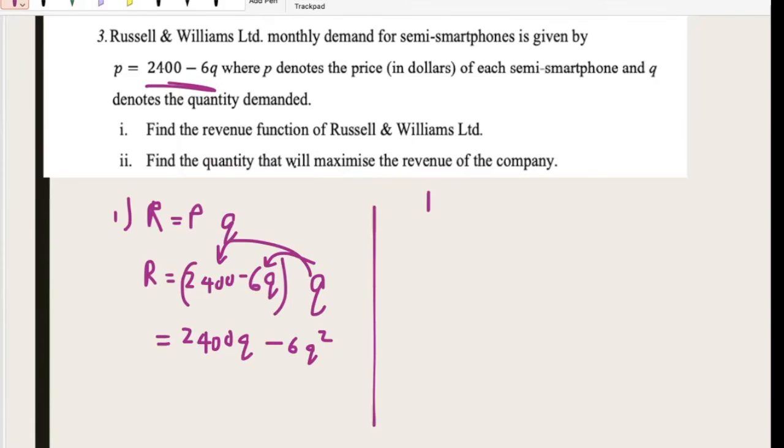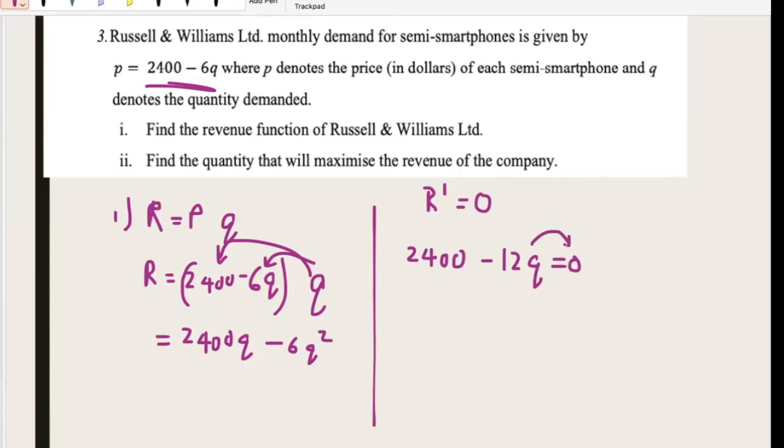We'll find the quantity that will maximize the revenue. That's when we differentiate and find marginal revenue and set it equal to 0. So differentiating this, we get 2,400 minus 12Q, and we equate it to 0.